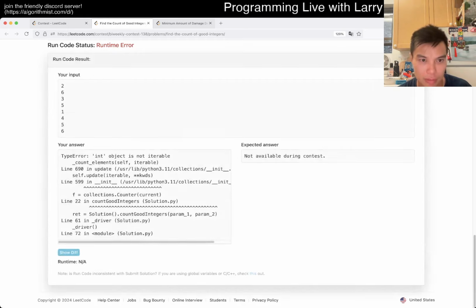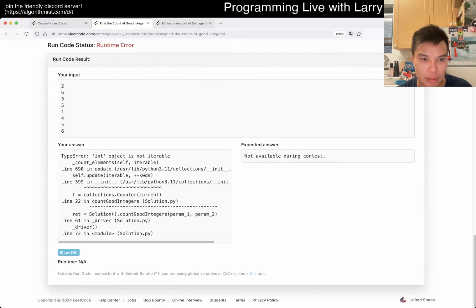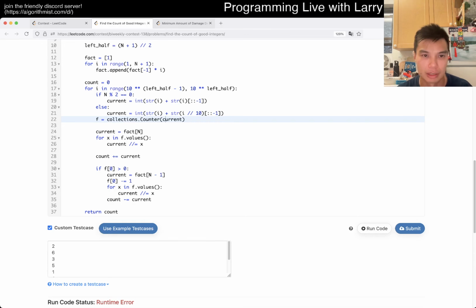I could have int not variable. Huh? Oh, this is an int. And also I reused the current, but okay, fine.